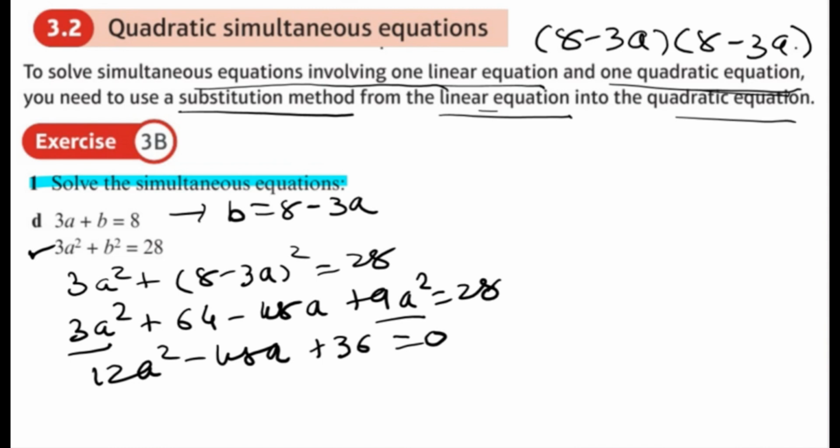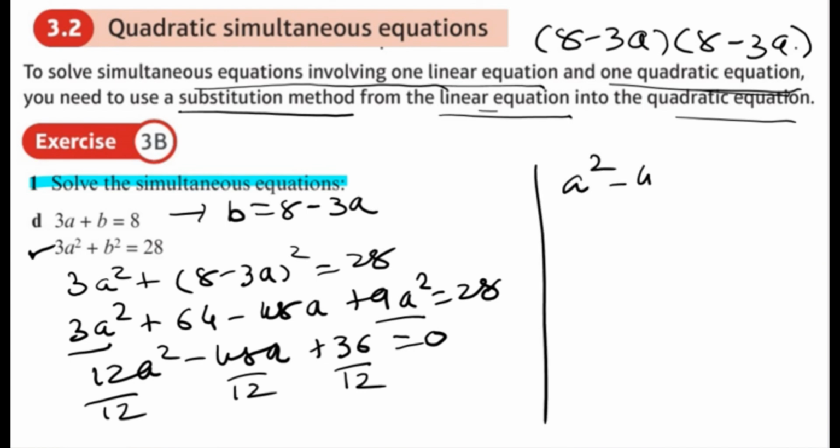Now we have to factorize because it's a quadratic equation, so we will get two values of a. To make factorization easy, I am dividing this equation by 12, 12 and 12. So that will give me a squared minus 4a plus 3 is equal to 0.